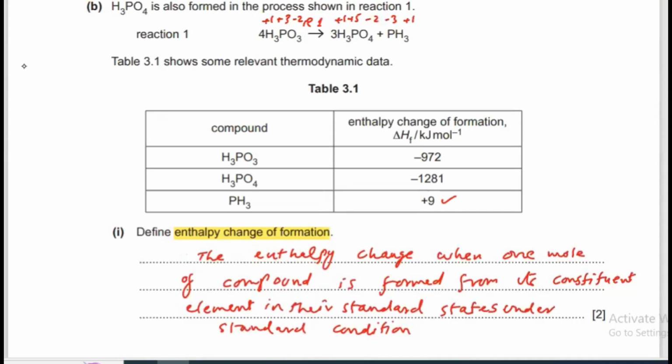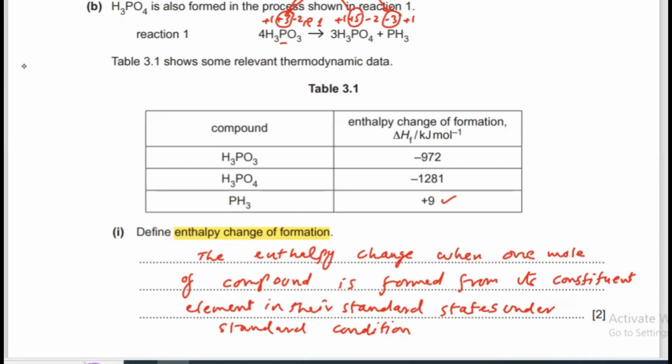As we can see, the oxidation states of hydrogen and oxygen remain constant, but only one element changes its oxidation state, phosphorus, which on the left hand side is +3. Some of the phosphorus atoms change their oxidation state from +3 to +5, meaning oxidized. And some of the phosphorus atoms change their oxidation state from +3 to -3, which is reduction.